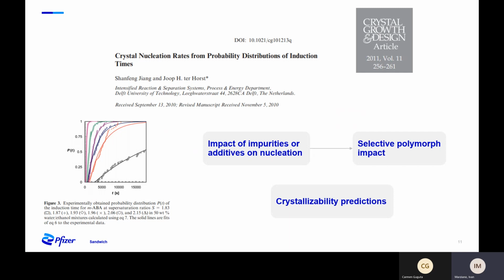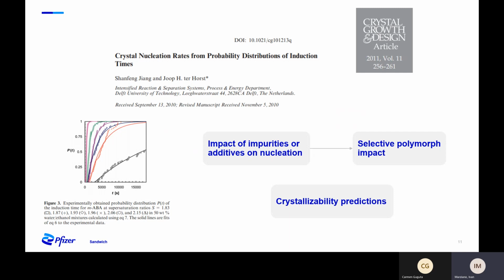And even more so when there are polymorphic species involved, whether, for instance, one impurity can selectively influence the nucleation of one polymorph but not the other, therefore going perhaps some way to explain certain instances of polymorph disappearance, or helping us to prevent the unwanted isolation of an undesired polymorph.